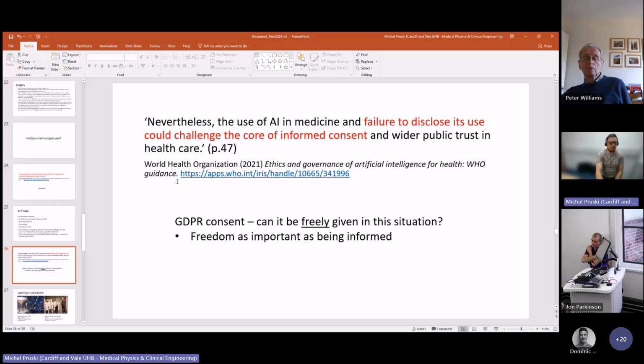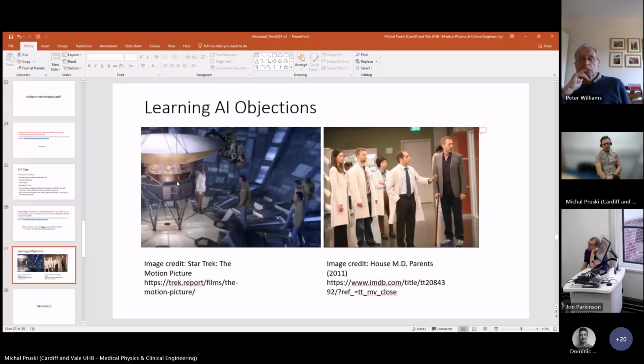But that's just one possible interpretation. The other way to look at this is that we have to be reasonable about how much we can tell patients because of time and because of what they can understand. And I don't think many people think that overly long consent forms are particularly easy to understand or useful in such situations.